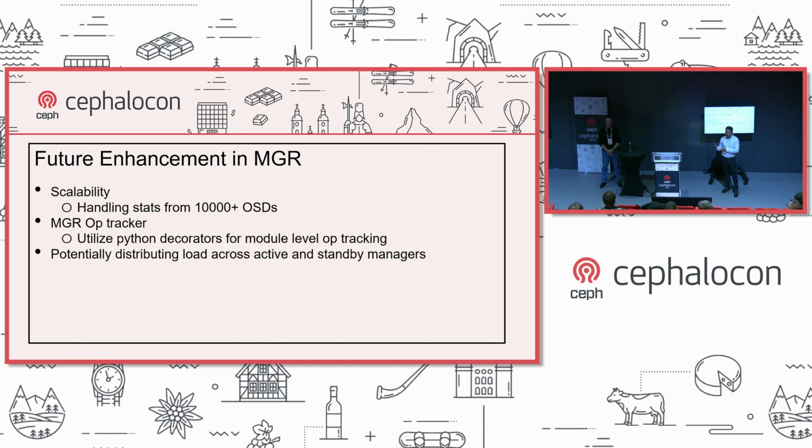So we don't know what is really happening at the module level. We are thinking of adding a tracking mechanism at the module level using Python decorators. There are also OpenTracing APIs. We are still thinking about how we can achieve tracking ops at the module level.